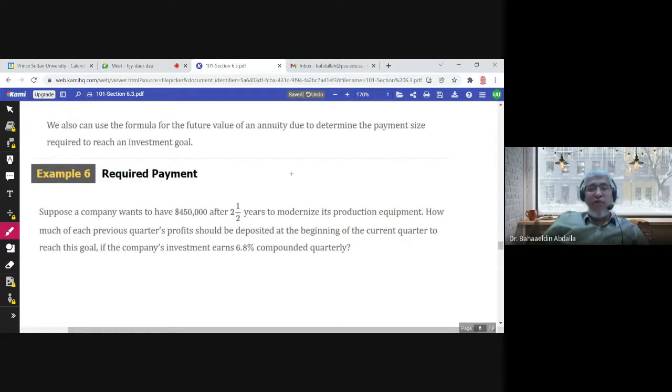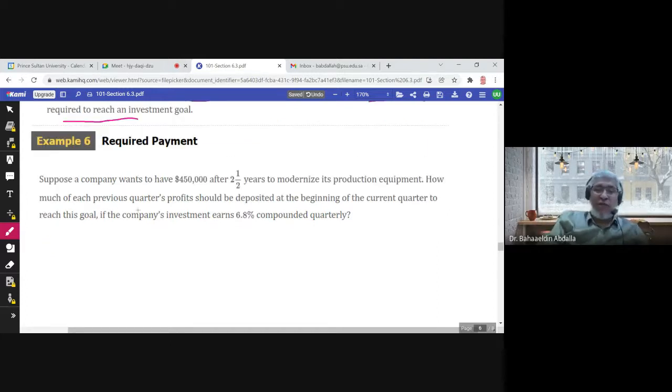We can also use the formula for the future value of an annuity due to determine the payment size, the deposits required to reach an investment goal, like sinking funds in ordinary annuity. Suppose a company wants to have a certain amount, so this is S, the future value, after 2.5 years to modernize its production equipment.